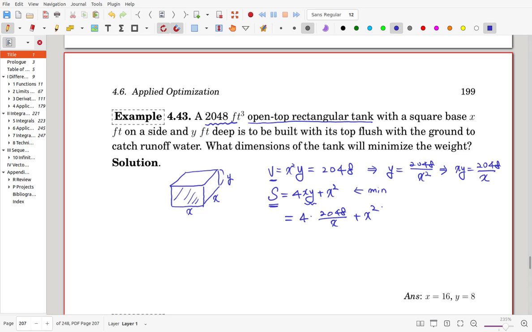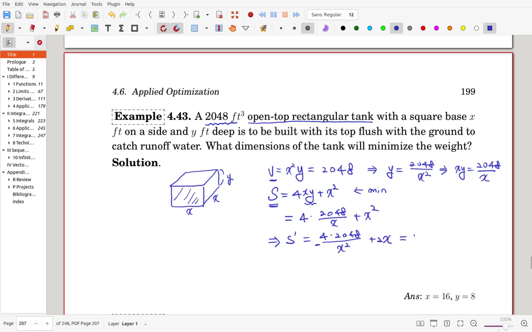Now it is a function of one variable, so we can use the derivative technique. Of course, here S prime, the prime is the derivative with respect to x. That one is the same as 4 times 2048 divided by x squared with the negation, since the derivative of 1 over x is minus 1 over x squared, plus 2x.